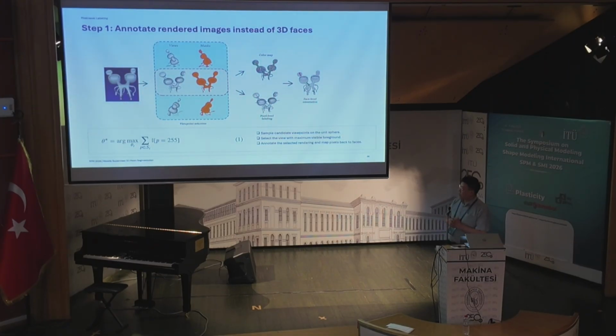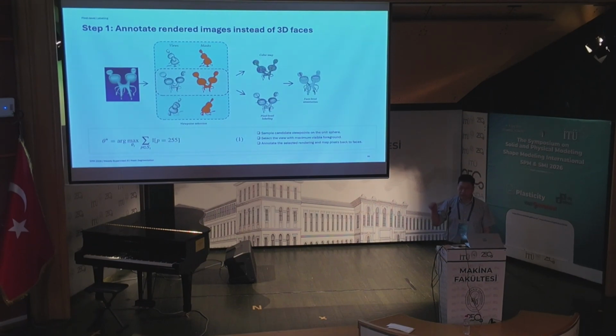For phase one, step one, we're talking about 2D labeling. Based on the input mesh, first of all, we start with the main architecture, and from that we find the best view from about 50 directions.